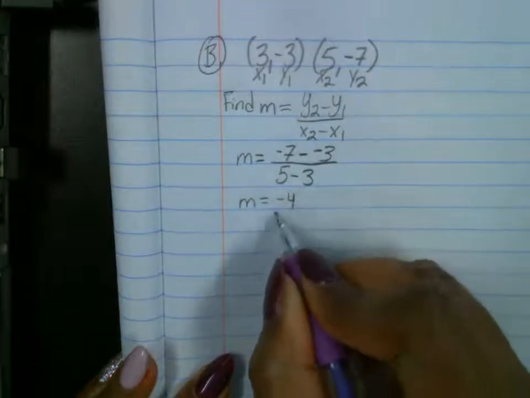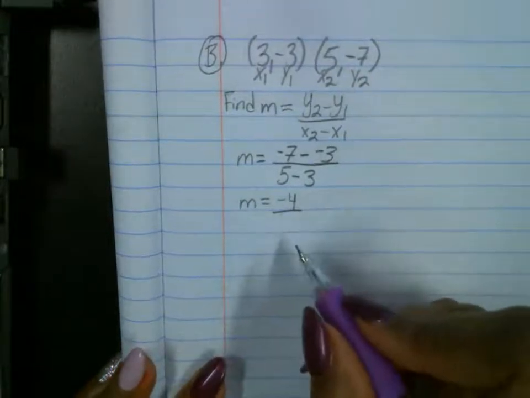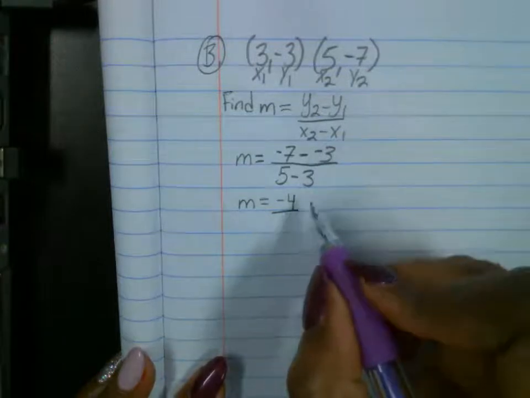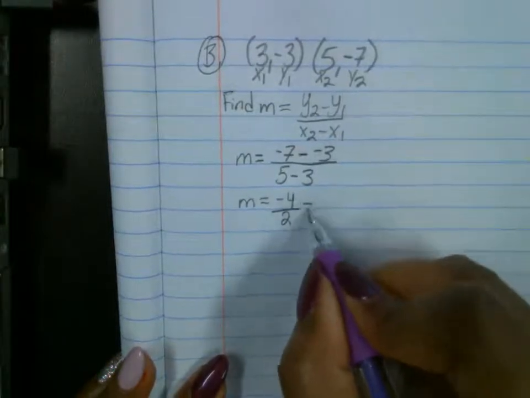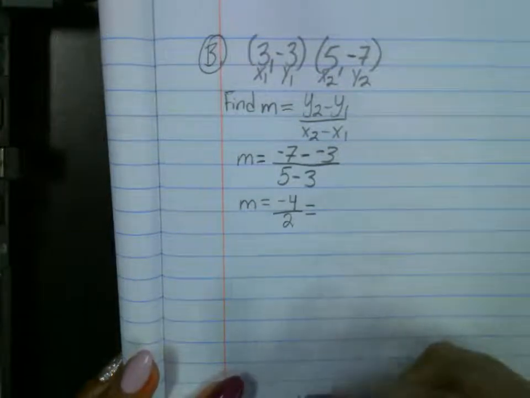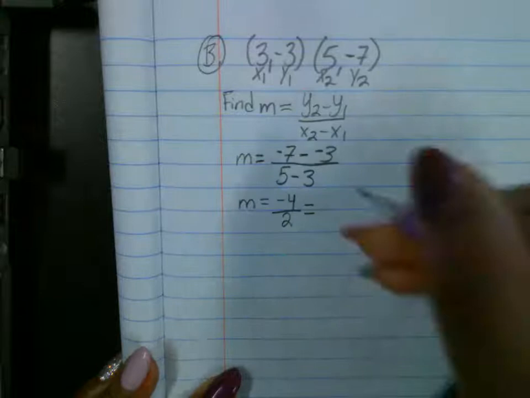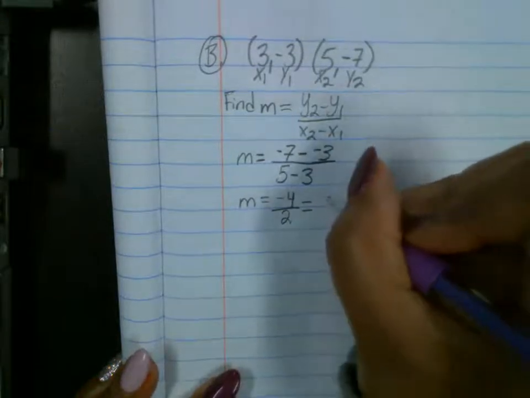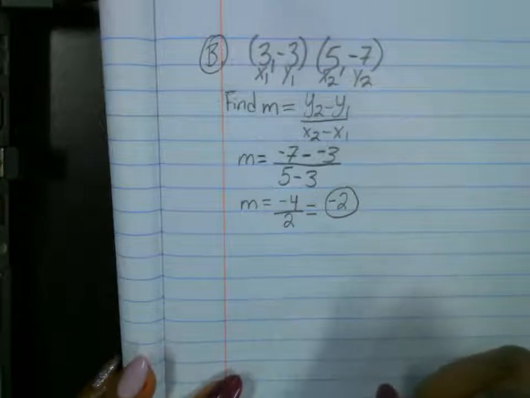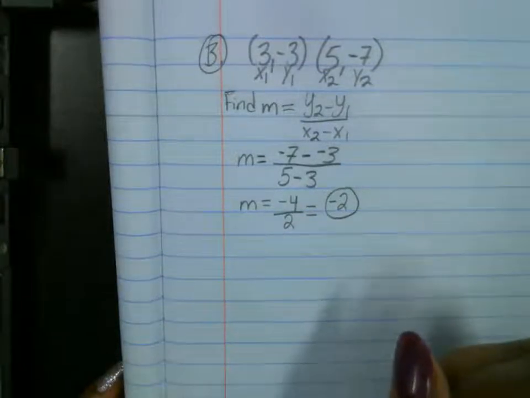On the bottom, that gives you 2. Let's simplify. Negative 4 divided by 2 is negative 2. So your slope for this problem is negative 2.